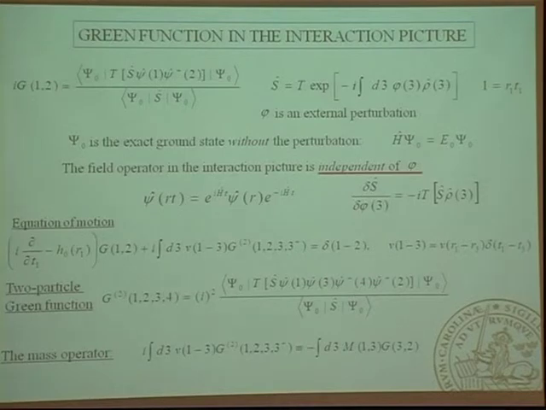So to truncate this hierarchy of equations, one defines a mass operator in this way. So this is the definition of the mass operator M. This 2-particle Green's function is then written in terms of the 1-particle Green's function with this self-energy, or the mass operator.